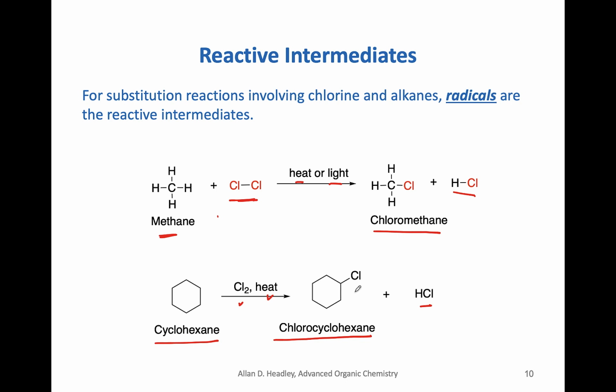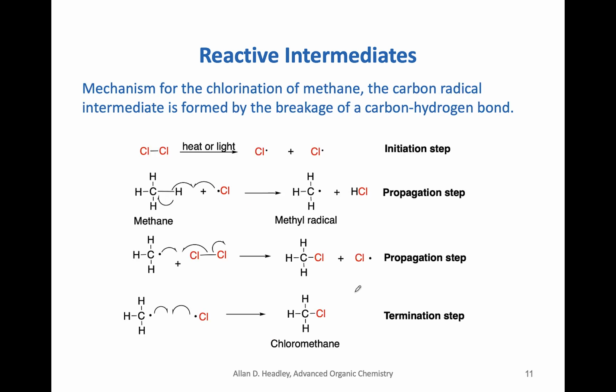But what is the mechanism for these types of reactions? As you will recall, the heat or light breaks the Cl-Cl bond in a homolytic manner to produce radicals. These are chlorine radicals. In the second step of the reaction, the chlorine radical abstracts a hydrogen atom to form HCl and a methyl radical.